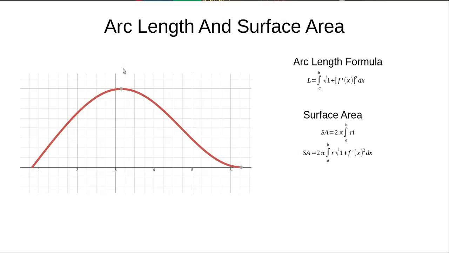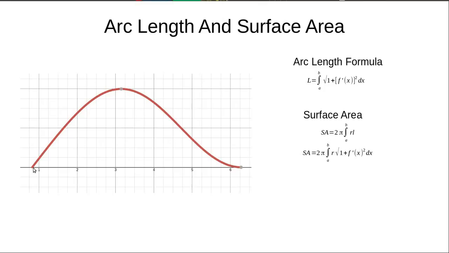You do that using the arc length formula, which from your bound A to your bound B is done by taking the square root of 1 plus the derivative squared of your function, which is basically taking one point and doing a distance formula between a point that's infinitely close, and then taking an infinite amount of those points.